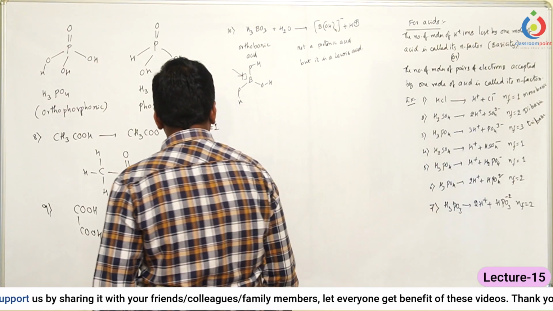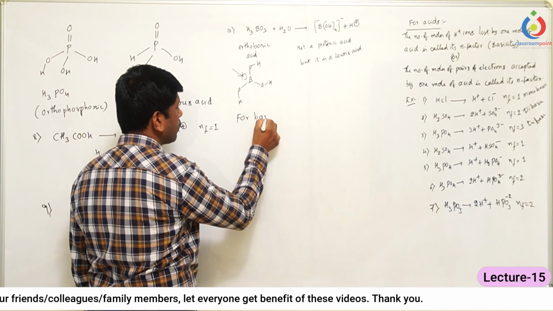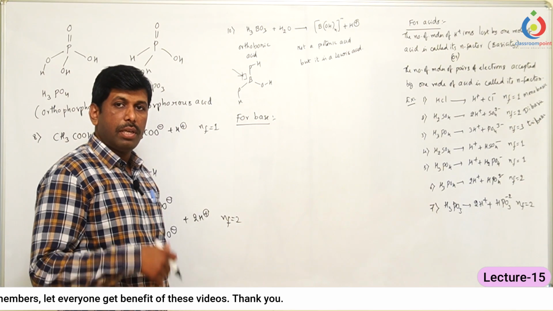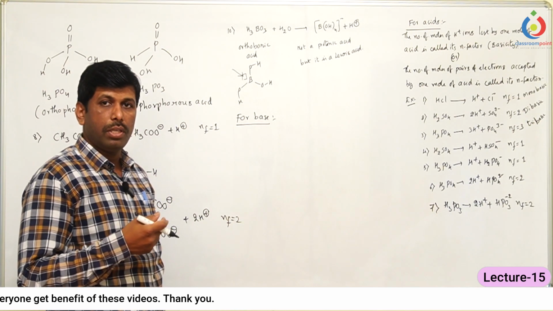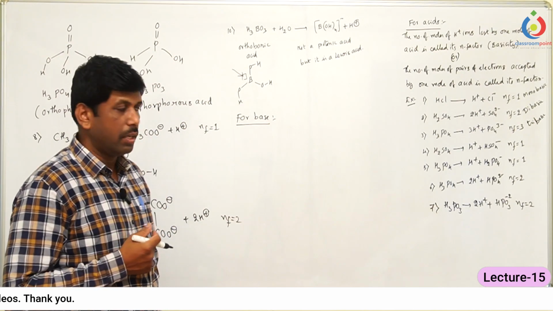Now let us see the base. In case of the base, the charge may be transferred in terms of the loss of OH minus ions or in terms of the donation of a pair of electrons.